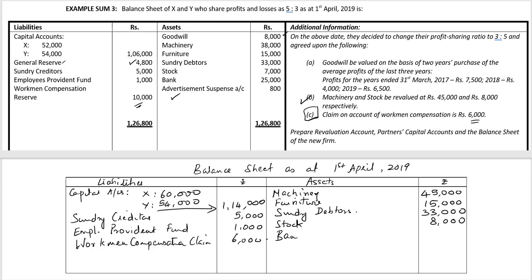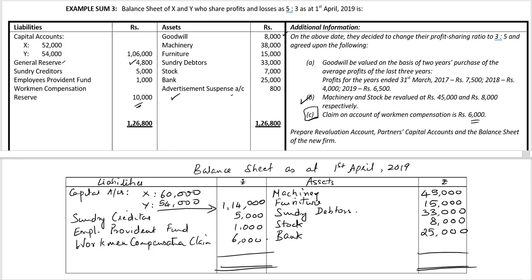There's no change in the bank balance, 25,000. And the advertisement suspense, it's a fictitious asset and we've written it off. So let's ascertain the total of the balance sheet. The total of the balance sheet is rupees 1,26,000.